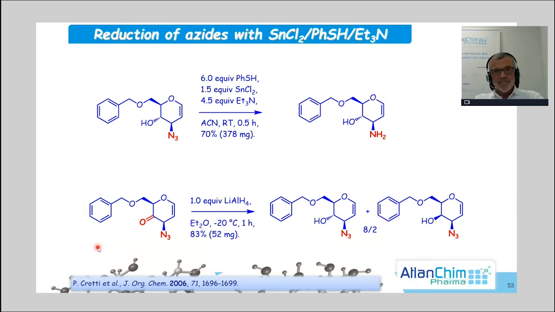Interestingly, reduction of the ketone derivative of this intermediate here with one equivalent of LiAlH4 at minus 20 degrees Celsius afforded a mixture of trans here and cis azido alcohols, while no reduction of the azide function was observed.